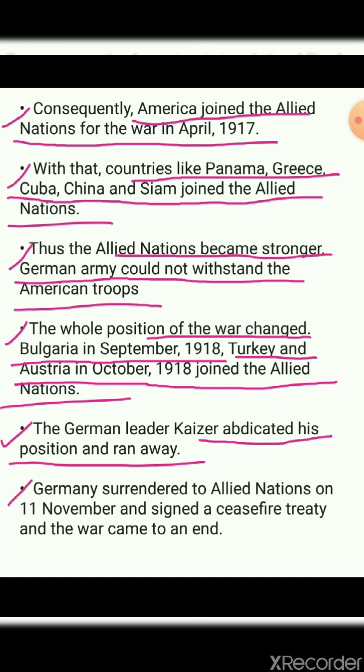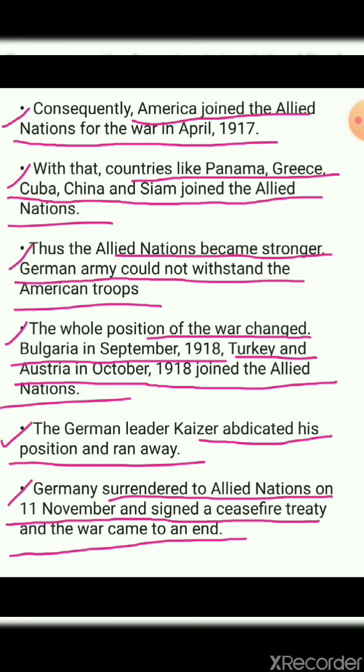Next, Germany surrendered to the Allied nations on 11th November and signed a ceasefire treaty, and the war came to an end. Germany surrendered because the Allied nations were stronger than the Axis nations. The year is not given.